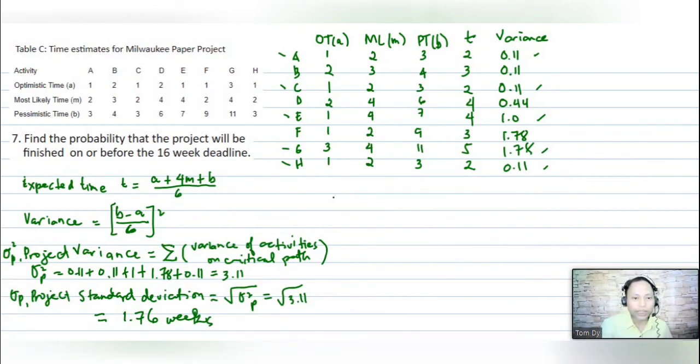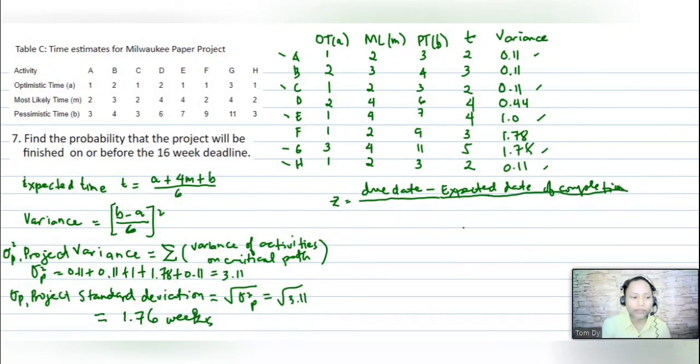The formula for finding the z-score is the due date minus the expected date of completion, divided by the project standard deviation.